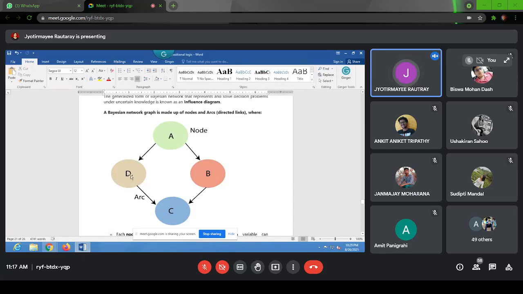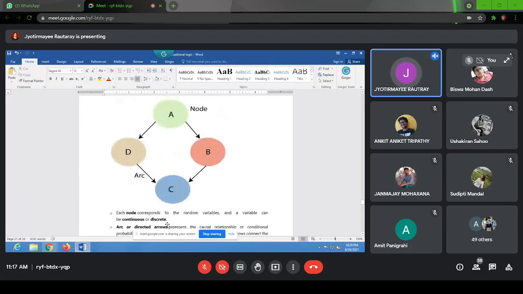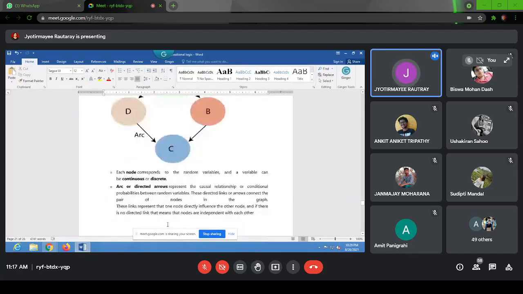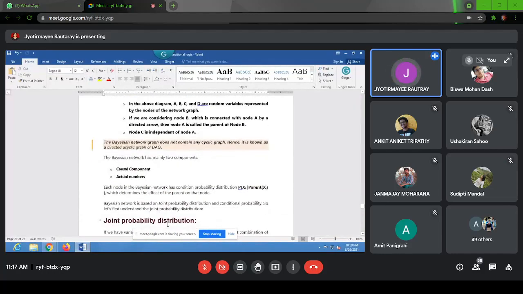A to D, D to C. If again it went from C to B, B to A, that would be a cycle. But here it is A to D, D to C, A to B, B to C. That is not a cycle. So a Bayesian network is always a directed acyclic graph.